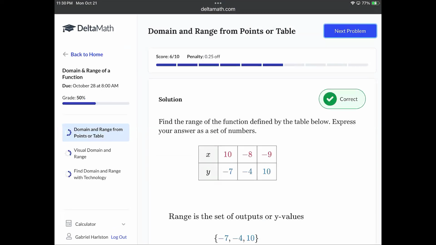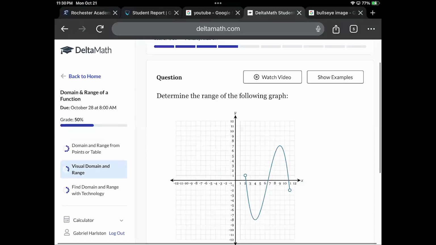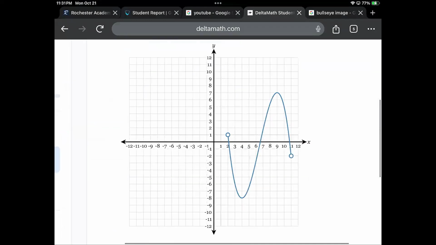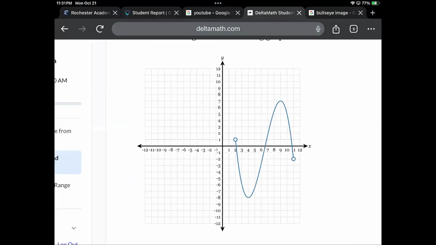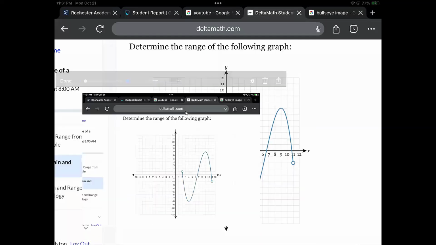All right, so now let's look at some of the visual domain questions, because these are usually a little bit trickier. The very first thing I need to know is, what am I doing? I'm trying to find the range. That means I need the outputs, and that means I need the horizontal part.